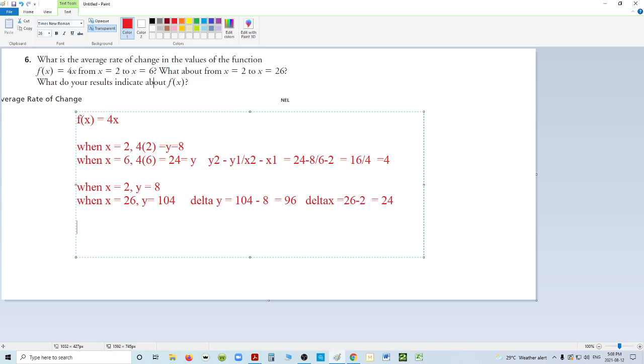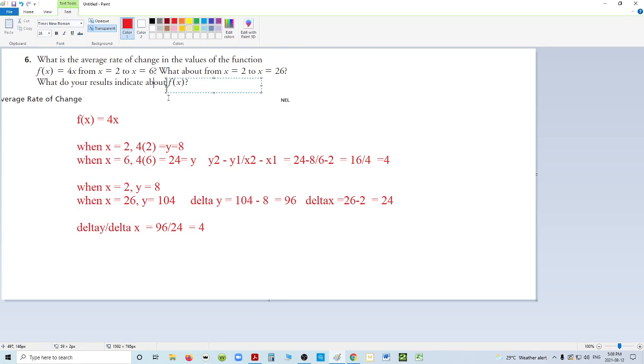And you're going to discover that when you take delta y over delta x, you're going to get 96 divided by 24, which is 4. So no matter where I take my 2 points on a straight line, I will always get a slope, which makes sense from what we've learned about straight lines. The slope is always written right there. So no matter what 2 points I get, I'm always going to get 4, because that's the slope of the line.